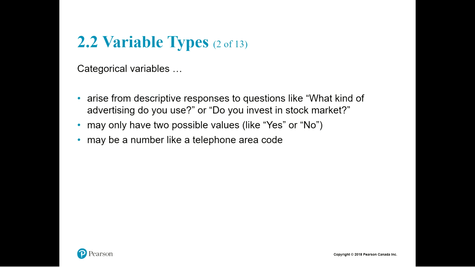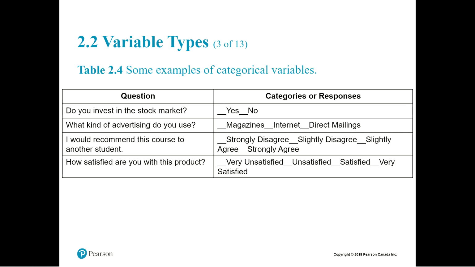If you look back at the survey that you have done, this is exactly what it is. And it may also be a number like a telephone area code, in this case not quantitative. So examples of categorical variables, there you go. We did the first one.